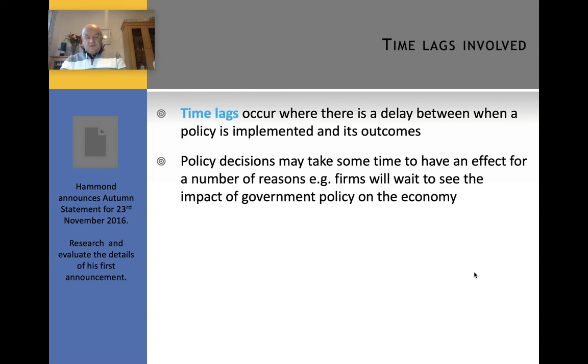So most policy decisions will take some time to have an effect for a number of reasons. One, firms tend to sit on their hands a wee bit and wait for the impact of government policy. Lots of businesses will have long-term contracts in place, so if there's a change in the interest rate or a change in exchange rates or whatever, that won't necessarily affect any decision making in the short term.